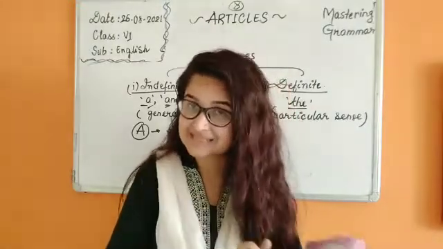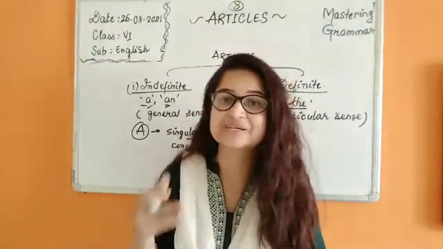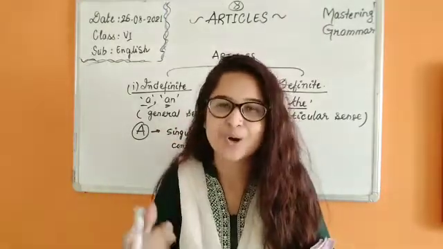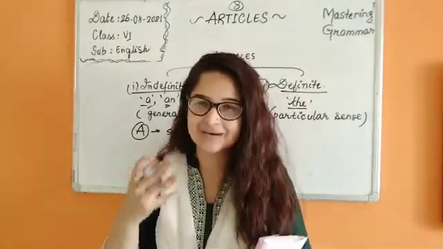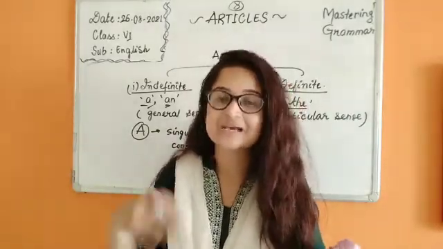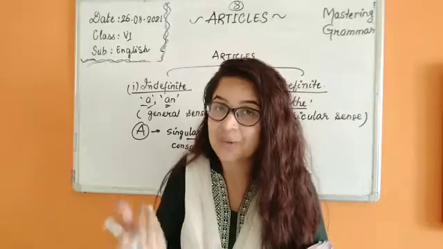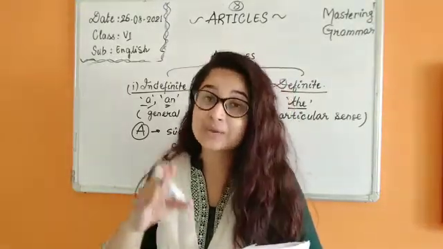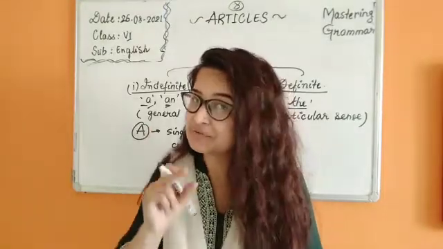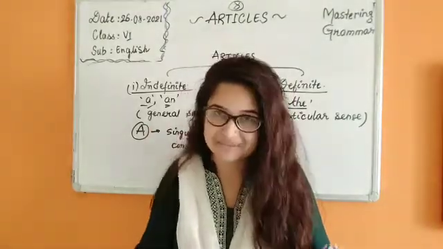Apart from these letters, the rest of the letters, the consonants, like L, S, M, all these letters are consonant sounds. So we are going to use a with consonant sounds and not with vowel sounds. You are going to remember this.